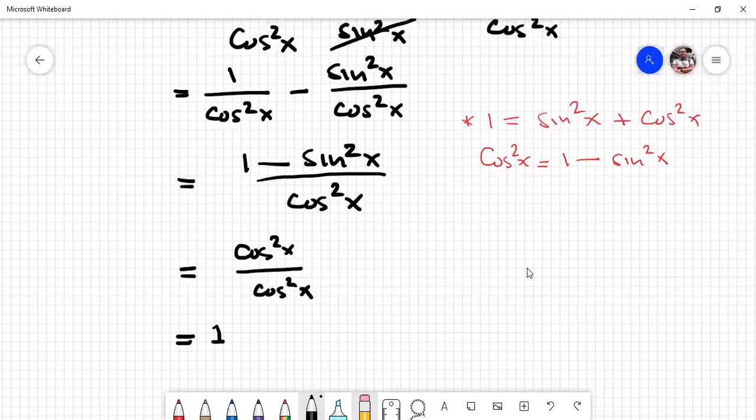And so that's why our trigonometric identity is proven: tangent square x times cosecant square x minus 1 equals 1. Now it is proven.